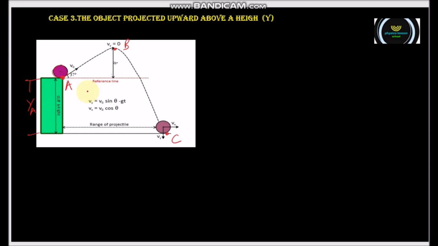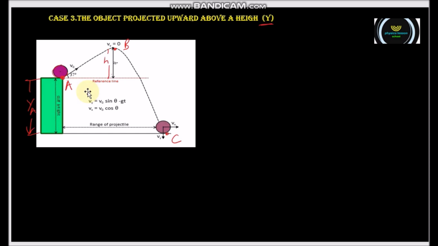From this point to this point, we have h. Now this object is projected upward above a height y. This is the height y.